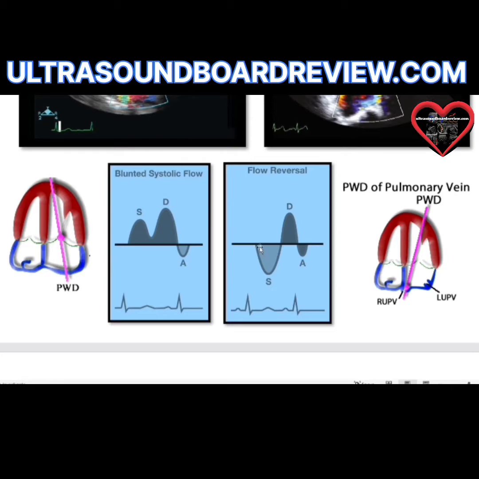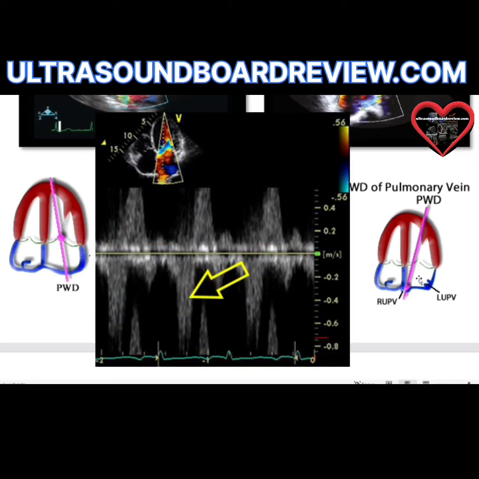But we will know for sure it's severe if it's reversed, because in systole, blood will be coming down into the left atrium and then impinging on the pulmonary veins, causing the blood flow from the lungs to be reversed. Does that make sense? This is important to know.